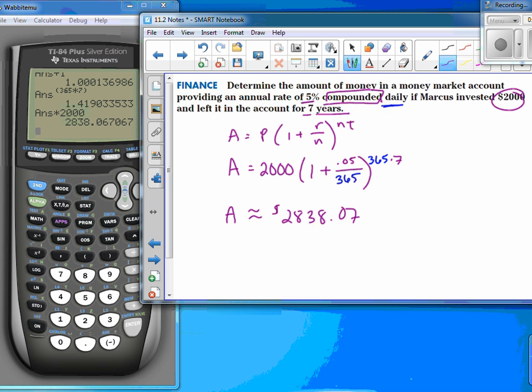So he made about $838.07 in that 7 years. Not too bad.